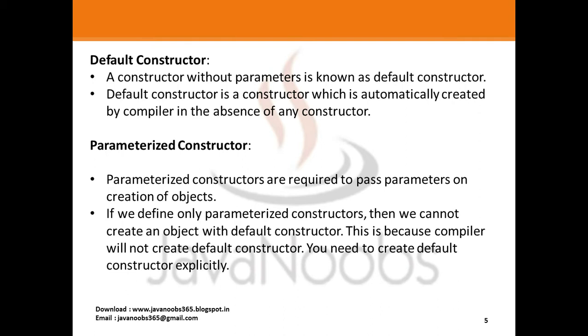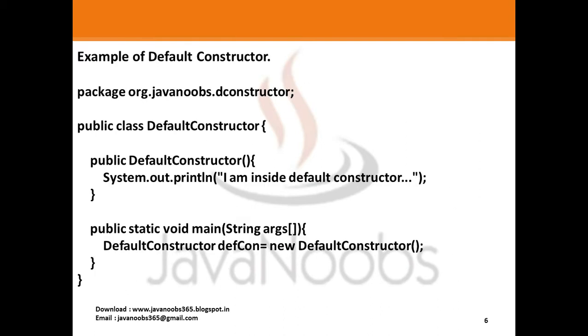I will be showing you examples of both the default constructor and the parameterized constructor. Unfortunately, due to shortage of time, I won't be typing everything down in Eclipse, but I've already typed it, so I'll just show you the example of both these constructors.